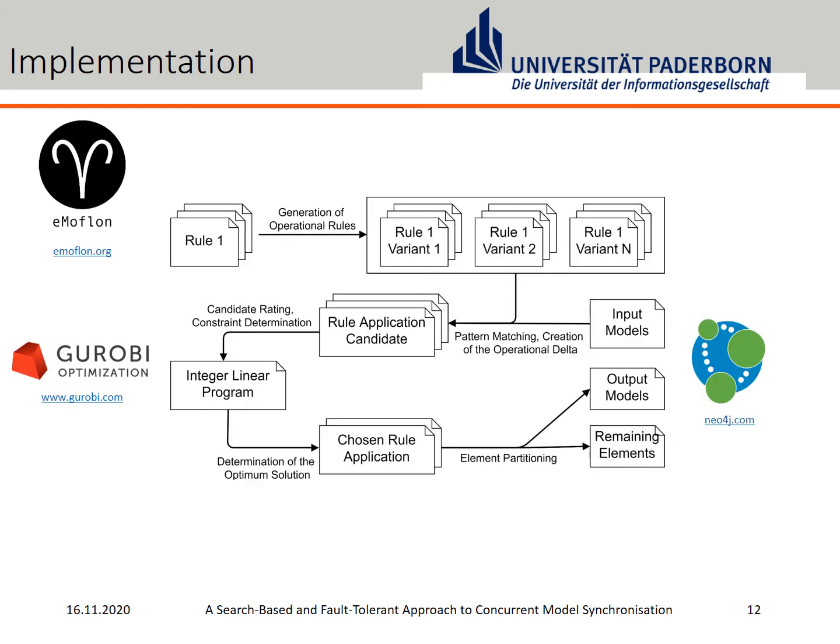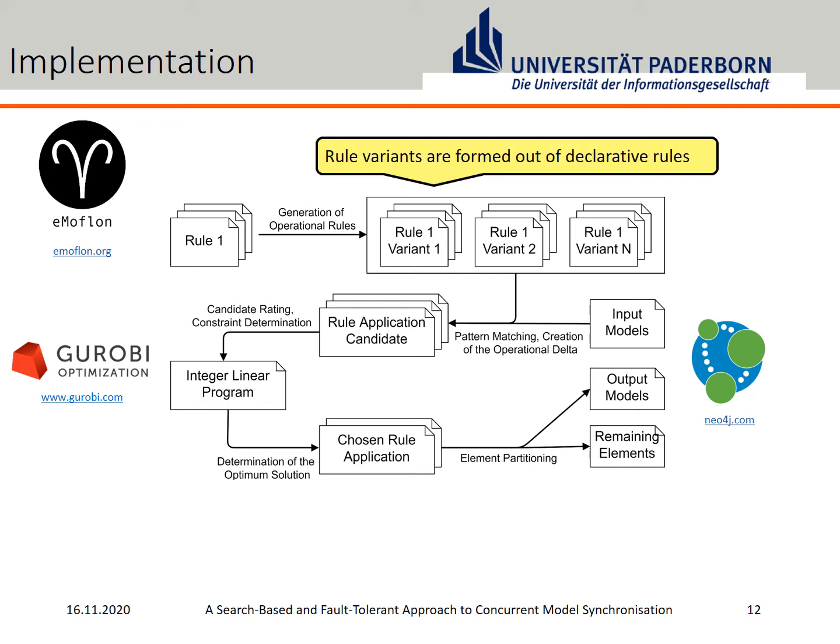A rough overview of the implementation of our approach in the TGG tool eMorphlon can be seen on this slide. From a given TGG, operational rule variants are automatically generated, which means that they are formed out of the declarative rules. Models and metamodels are stored in the graph database Neo4j during the entire process.